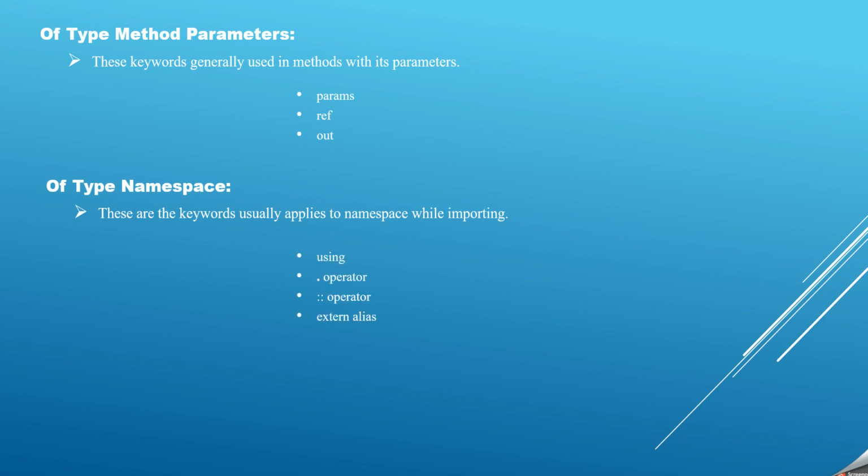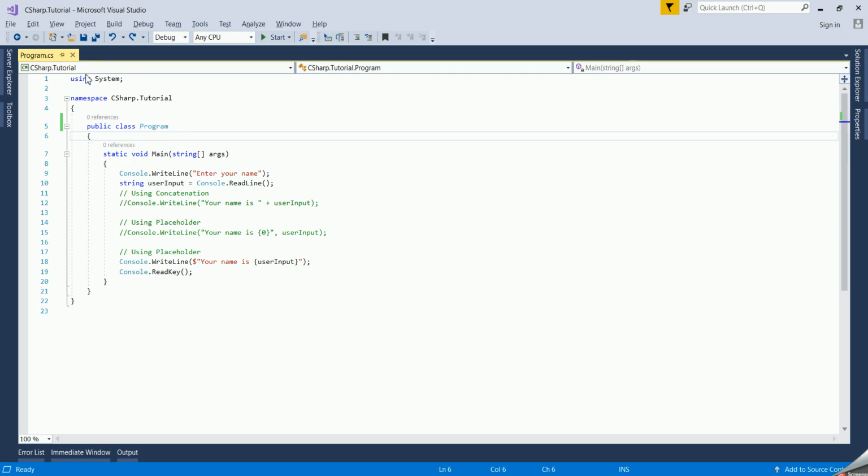Can you recall where using is being used? Let me show you. Here you can see using System, and as I told, System is a namespace. Using the keyword using, we would be calling System.